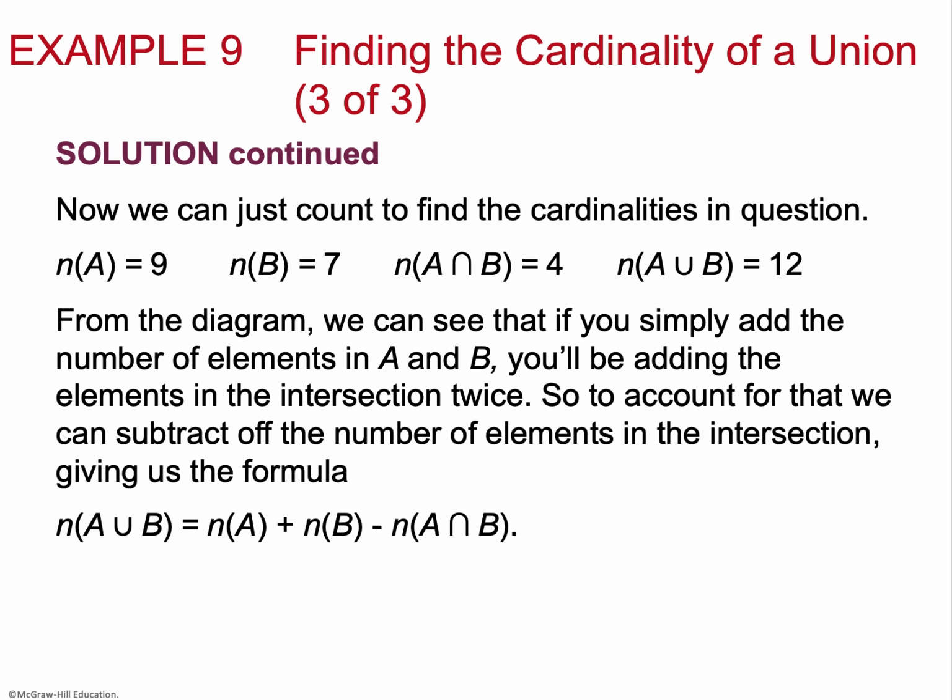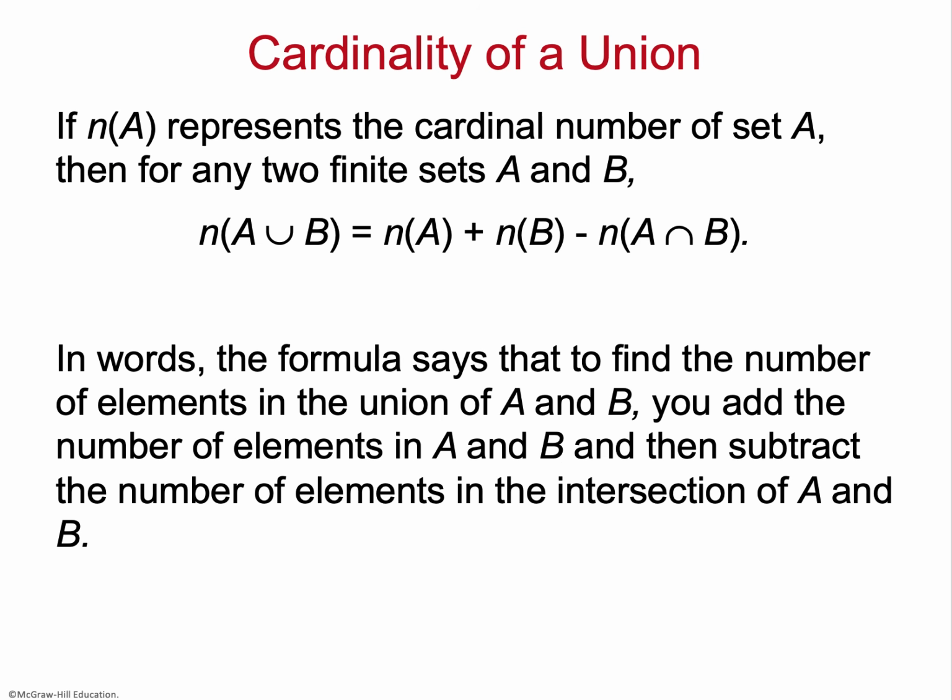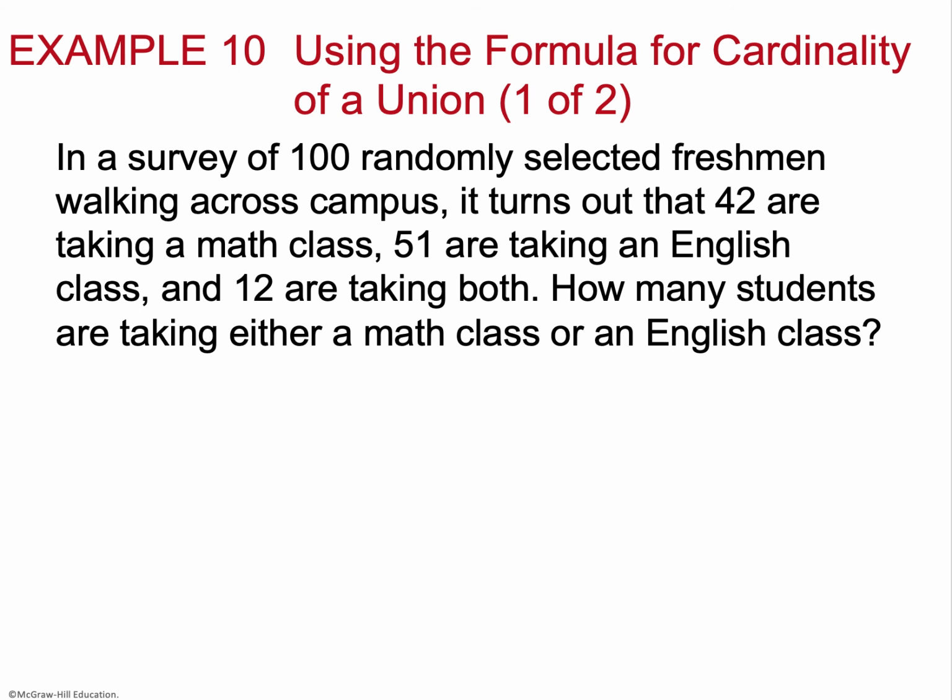So if I look at that reasoning, then the number in the union would be the number in A plus the number in B minus any overlapping items. What does that actually look like in practice? Well, I have 100 randomly selected freshmen, and 42 are taking math, and 51 are in English class, and 12 are taking both.